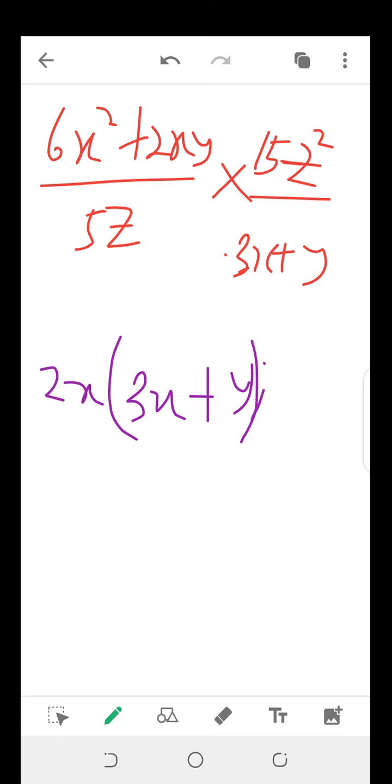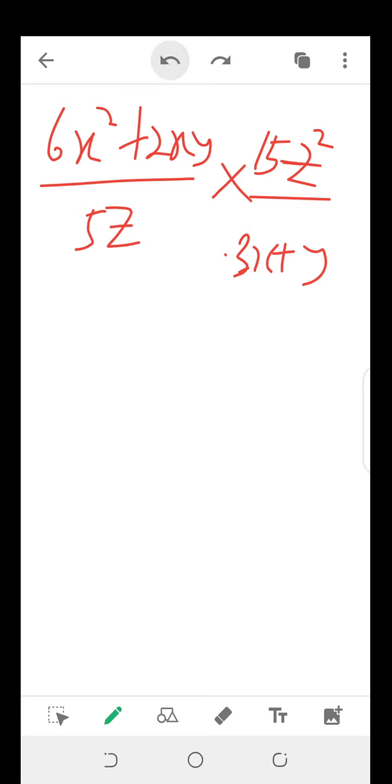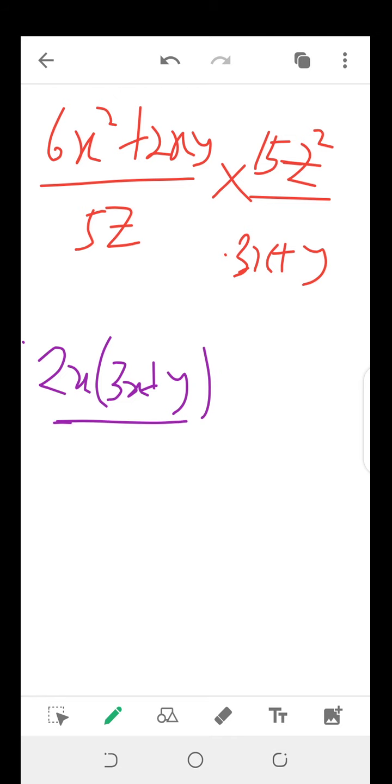It's like I've written it too large, so let's remove it and write it small. Okay, so we have 2x here and 3x plus y.